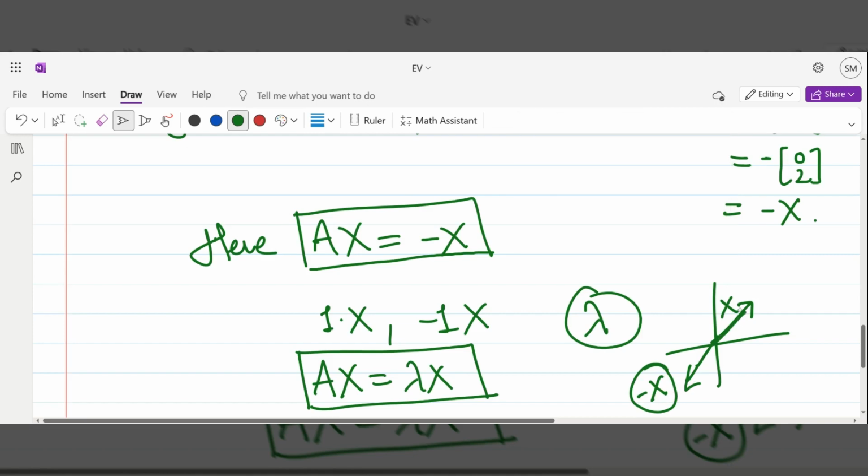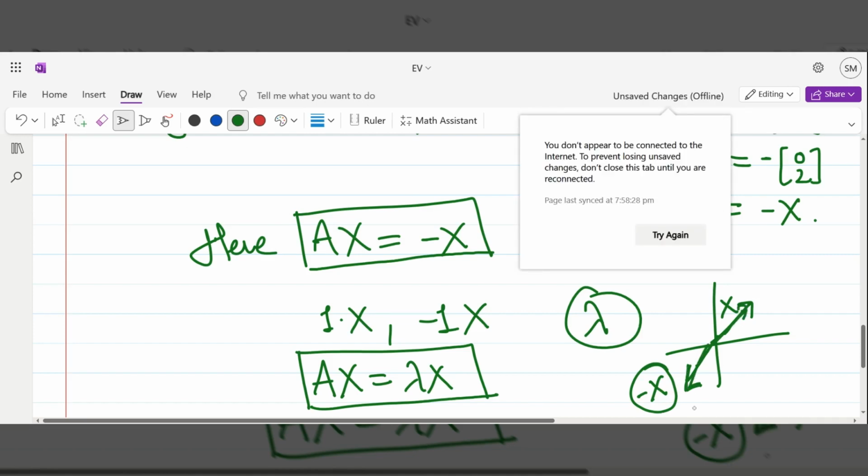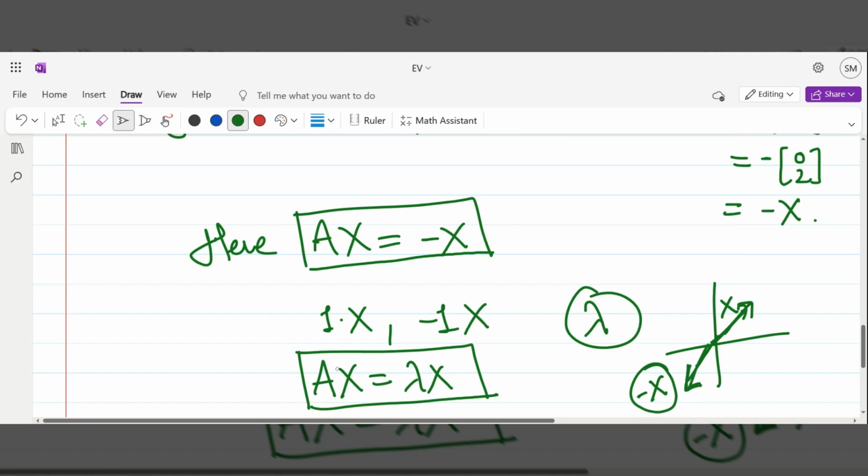If this is x, here we have minus x, and in the first case, whatever was the input vector, the same was the output vector. Ultimately, what you can conclude is that for all such vectors x, A into x gave us lambda into x.